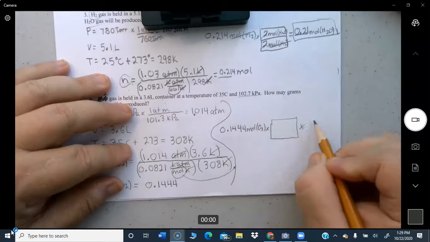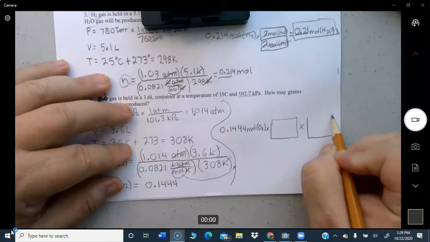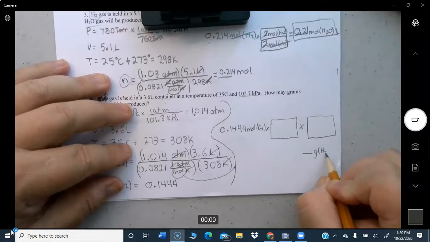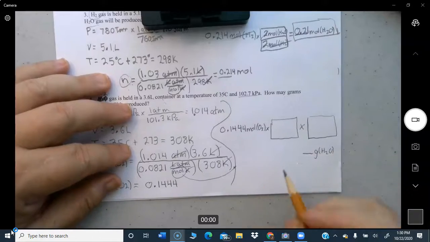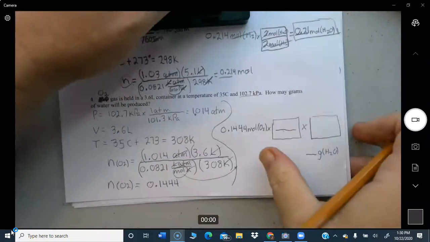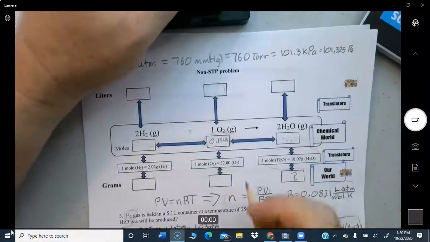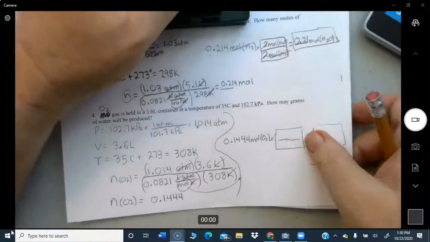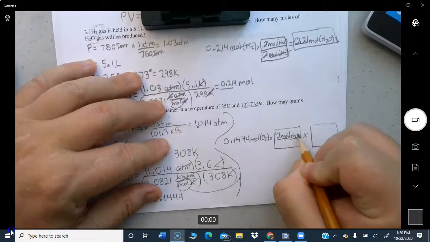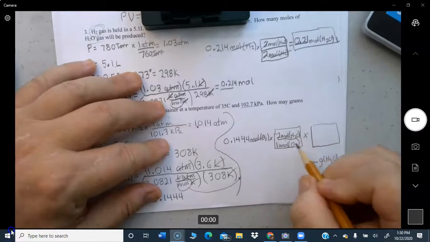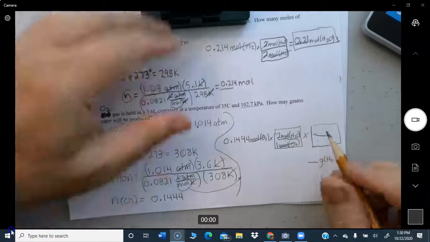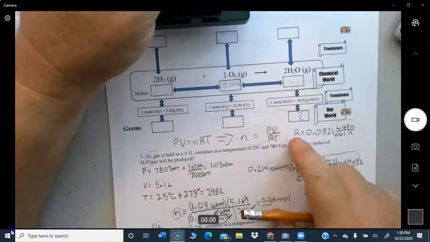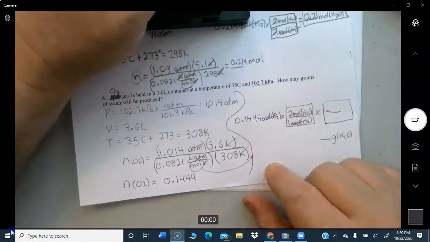There's 1 box. There's 2 boxes. And then what we're trying to get to is grams of H2O. Okay, so the first box, again, is going to be moles of O2 to moles of H2O. We need moles of O2 to cancel out here. Moles of O2 cancels. And now we need to get from moles of H2O out using the molar mass to get to grams.